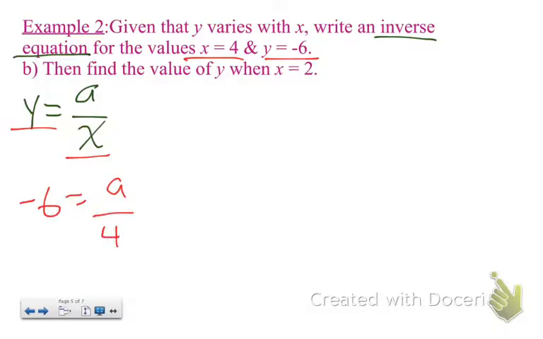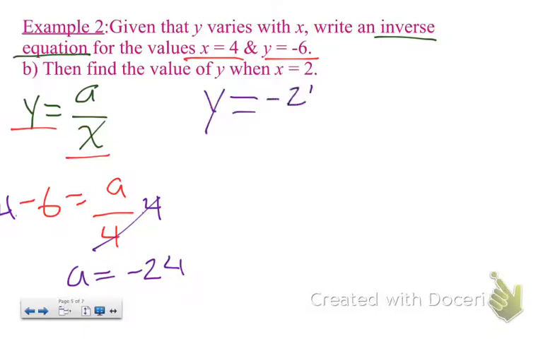To solve for a, I multiply by 4 on both sides, and a equals -24. So my inverse variation equation is y equals -24 divided by x.